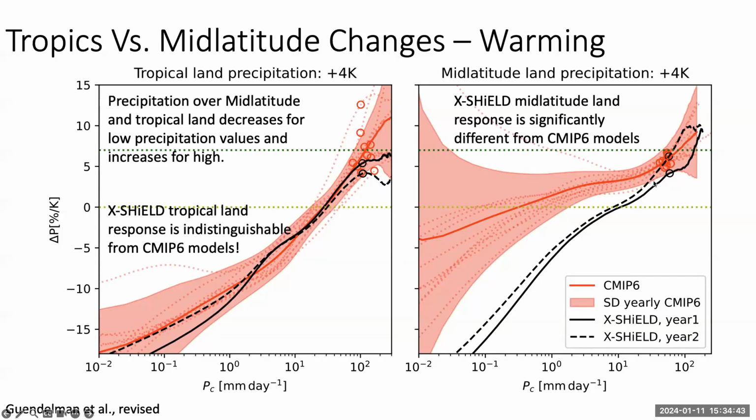And now we are talking about any values that are lower than 20 millimeters per day. So pretty significant precipitation events within CMIP6 that have a different response compared to the CMIP6 response.